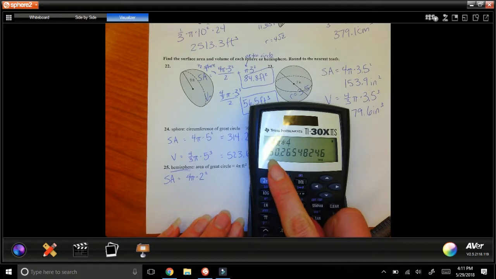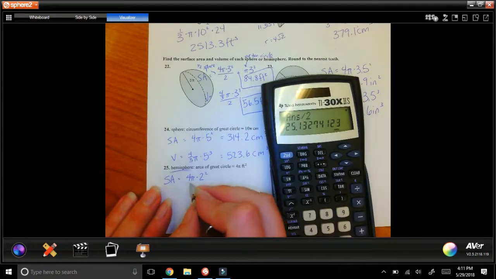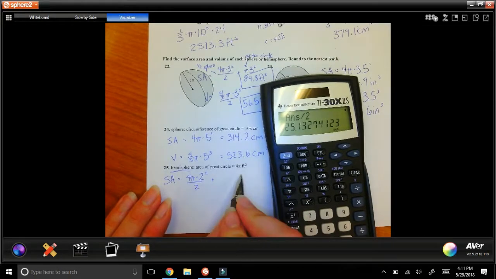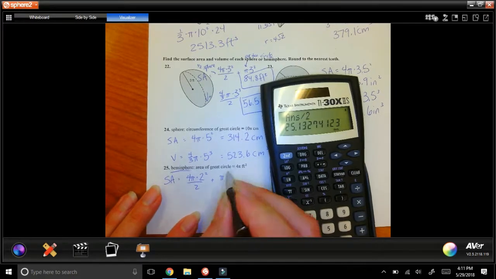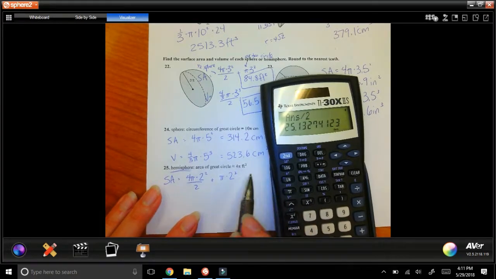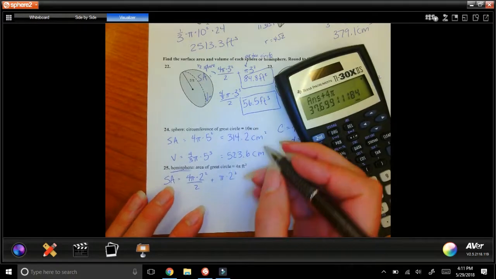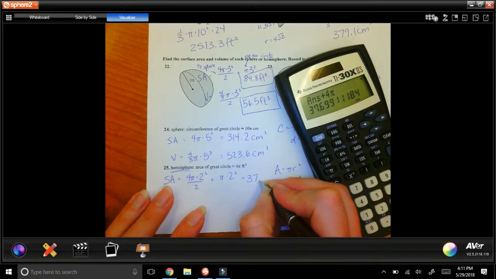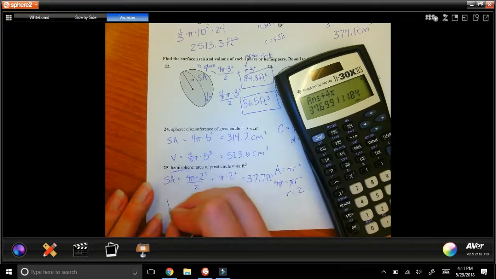That would be the whole sphere. I have to divide that by 2. And then add in the area of the circle again. So plus pi times 2 squared. Or you could really just add that 4 pi back in. So this would be 37.7 square feet.